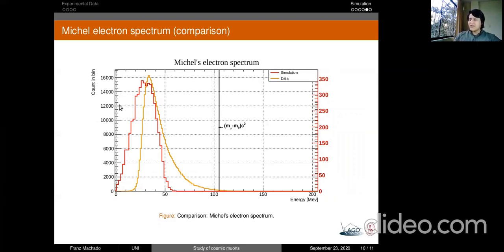We can see this difference here because as we are using a secondary trigger, we are discarding low energy muons. So it's for that reason that we don't have too many events in this part. But the peak is almost the same, so this is in good agreement.